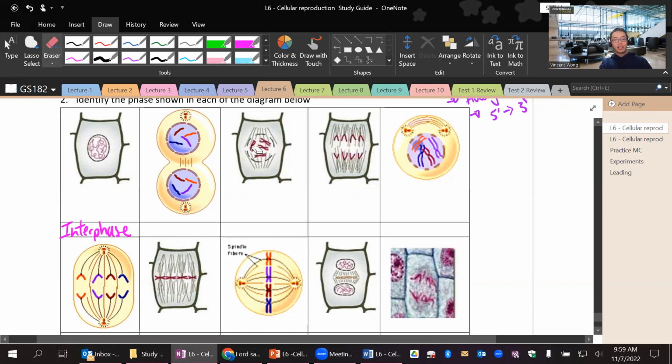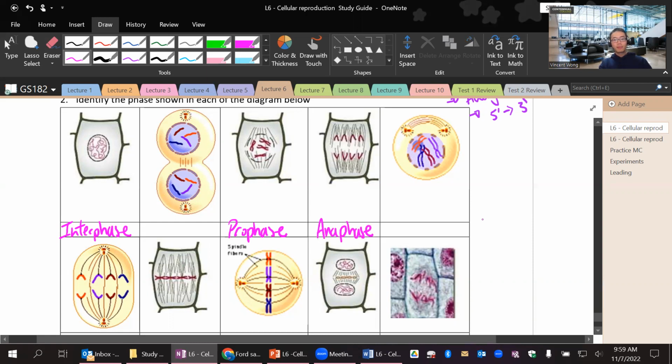Now we can see the individual chromosomes, right? We can see the nuclear envelope is dissolving. We can see a little bit of the spindle fibers, right? So this one is the prophase. This is easy to tell, right? Hopefully, you can see they're being pulled apart.